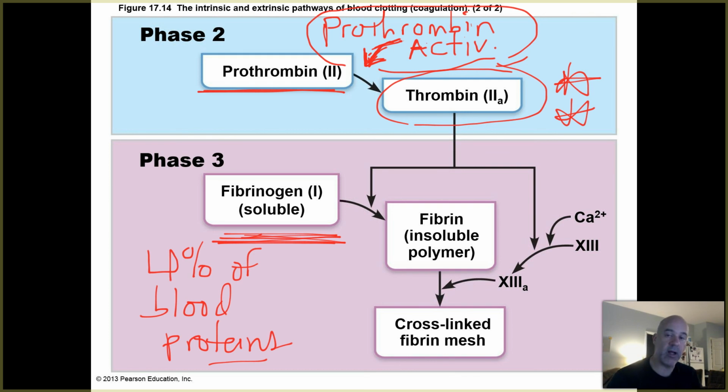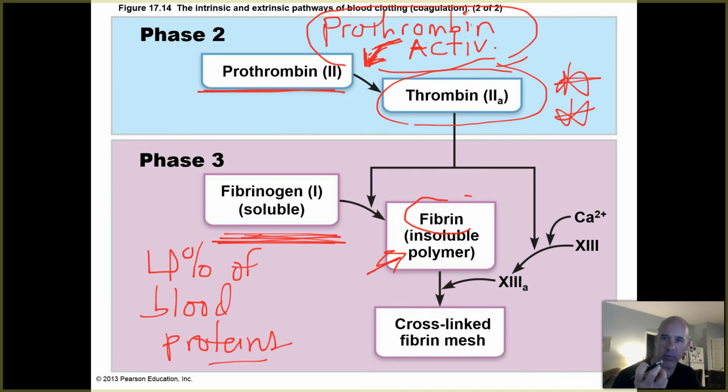You see what they're calling it soluble here on the diagram. That means it's dissolved in your plasma, so it's not forming a meshwork. Thrombin converts fibrinogen to fibrin, and fibrin cannot stay dissolved in your plasma. It falls out of solution and forms a fibrin meshwork that traps red blood cells and platelets. So it's an insoluble polymer.